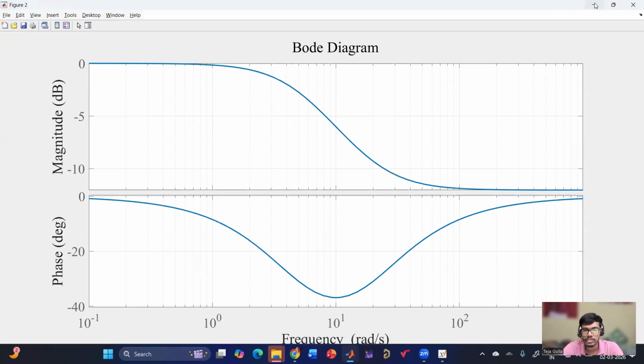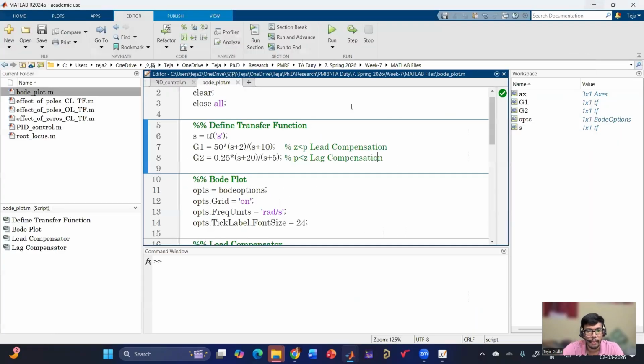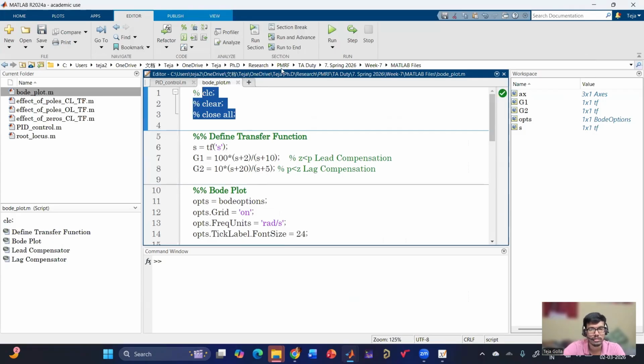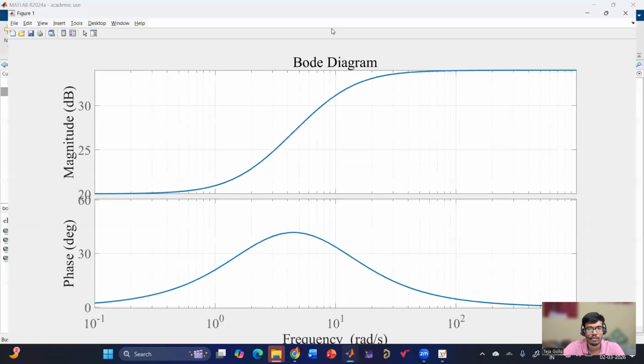But now if you see here, I have considered G1 to have some gain 50. So instead of 50, say I have considered 100. And then instead of 0.25, I will consider say 10. Okay, and then I'll plot it and then I'll keep those plots. I'll not close them. So let us see what will happen.